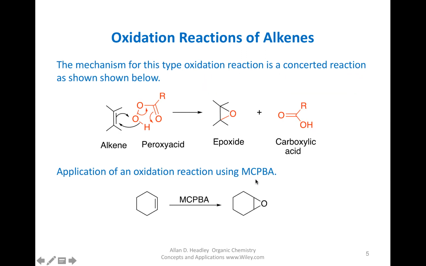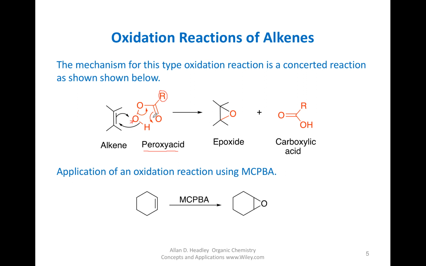As you know, I could not leave this without explaining how it works. So here's how it works. Here's your peroxy acid. We just use R here to indicate a different group bonded to the peroxy acid functionality. So here's your extra oxygen.